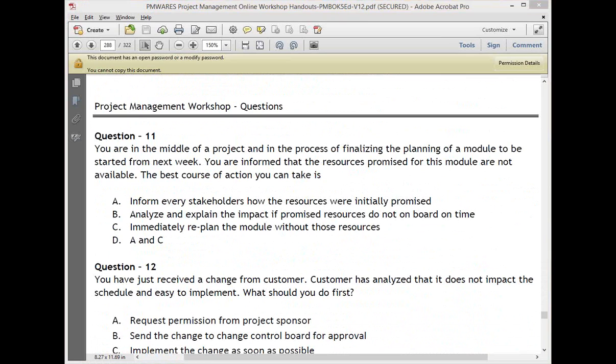Does that make sense? Yeah, so we should go with B. Yes, B is the right answer because this is the first thing we have to do. It's an unforeseen situation, we must analyze first before we do anything else. Let's go to question number 12.